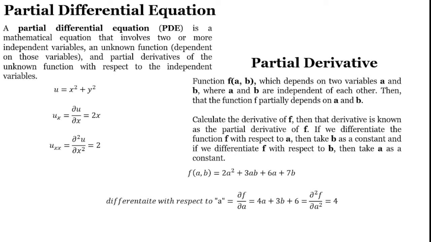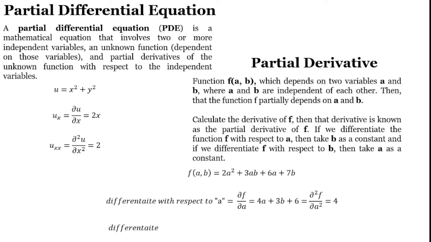Further, I can perform the differentiation on that derivative, so dou square f by dou a square is equal to 4, because 3b is a constant and the 6 is also a constant, so I remove 3b and 6 from the equation, and I get 4.